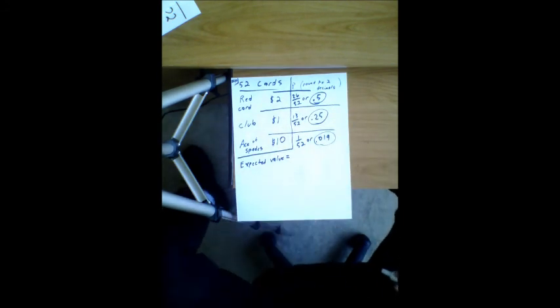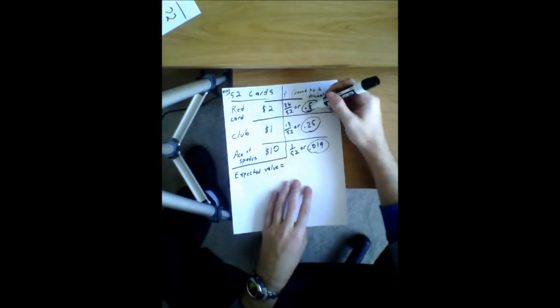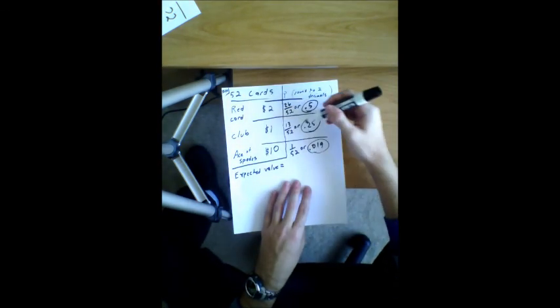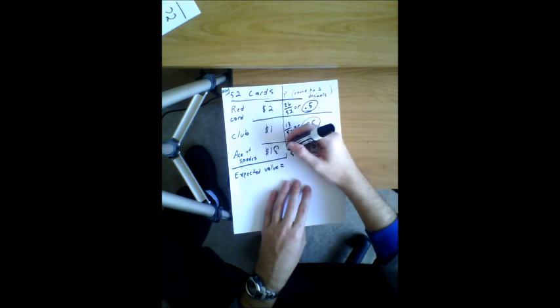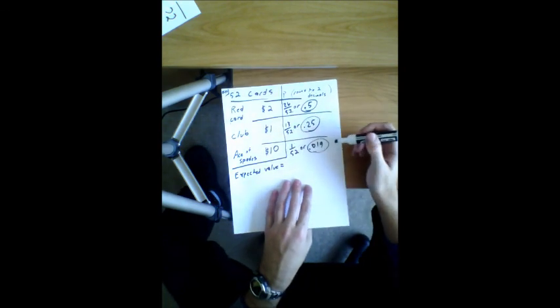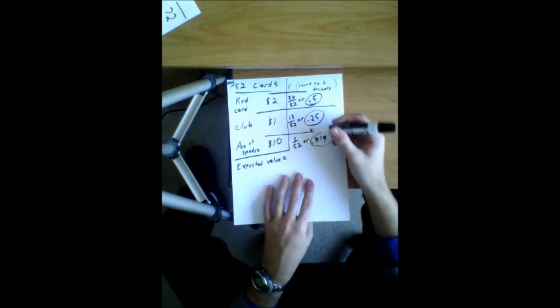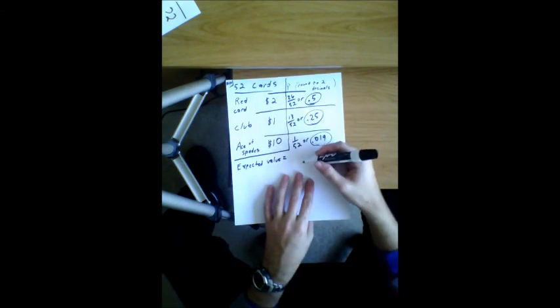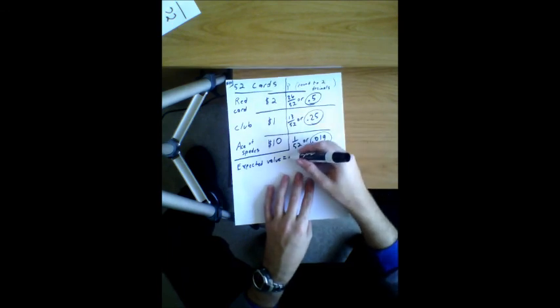So the expected value is just 2 times 0.5 plus 1 times 0.25 plus 10 times 0.019. You take each of these values and multiply by their probability.